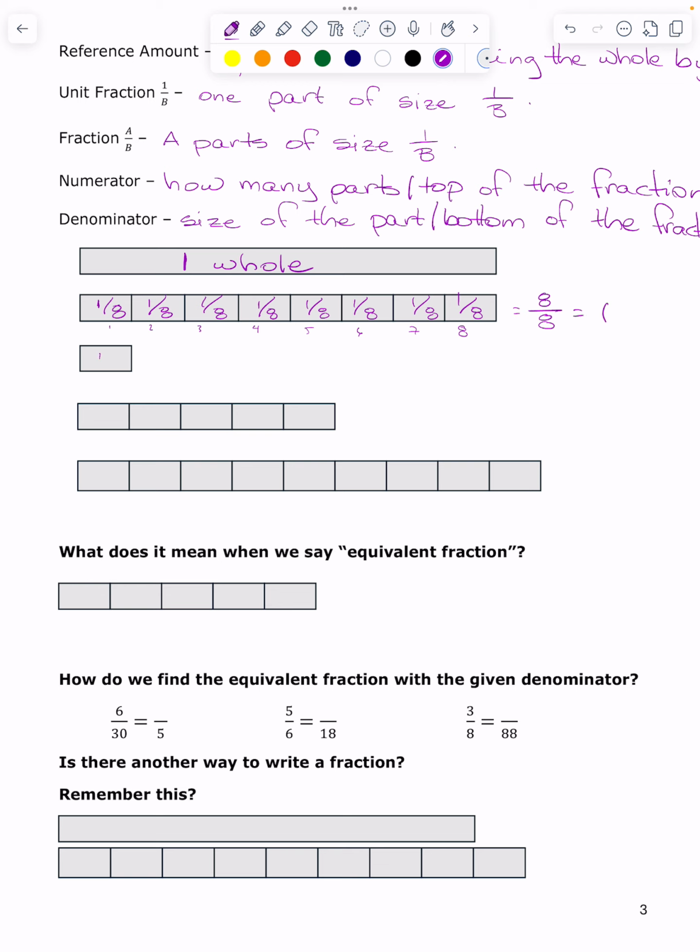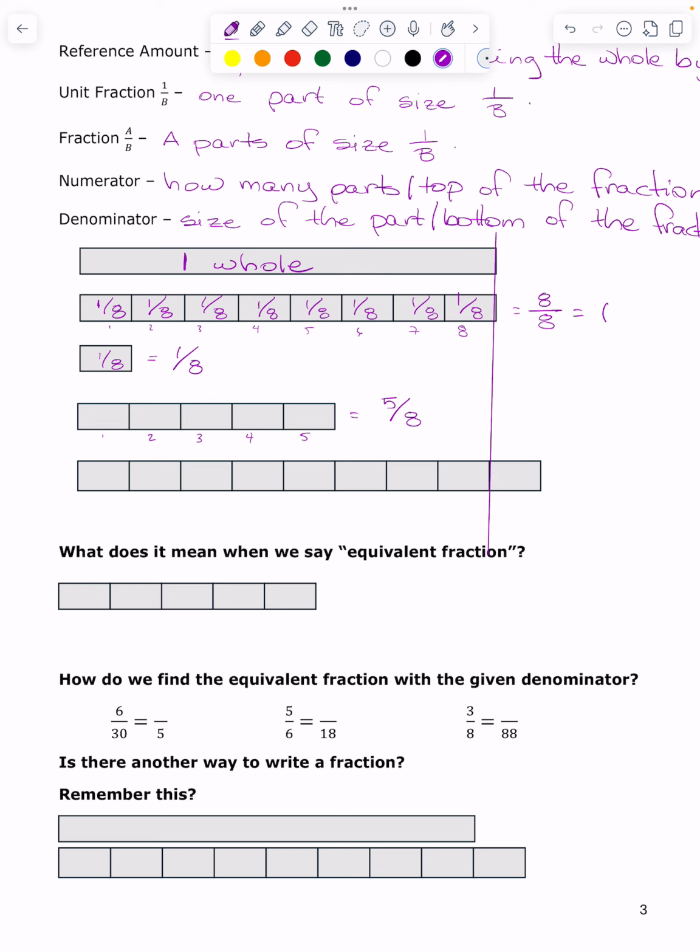So here I've got 1 piece of size 1/8. Here I've got 1, 2, 3, 4, 5. 5 pieces of size 1/8. And you notice this last one is bigger.